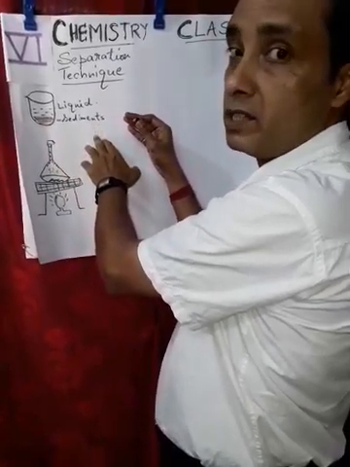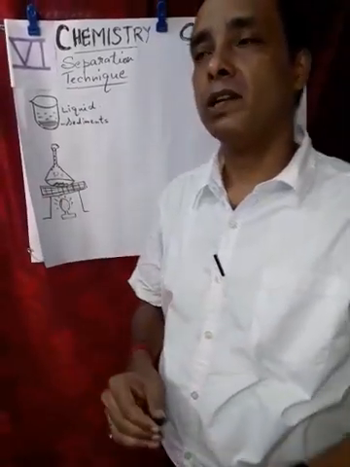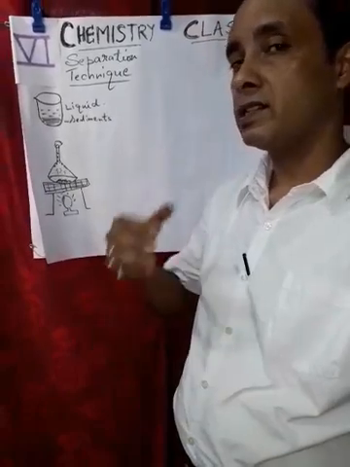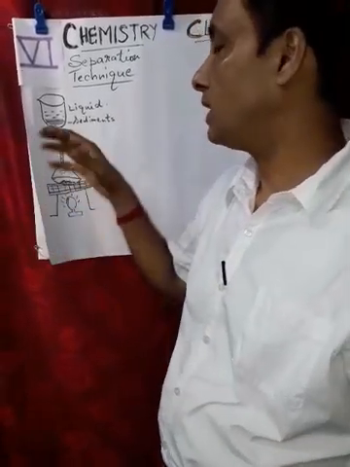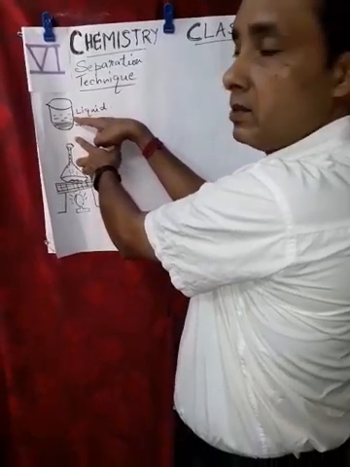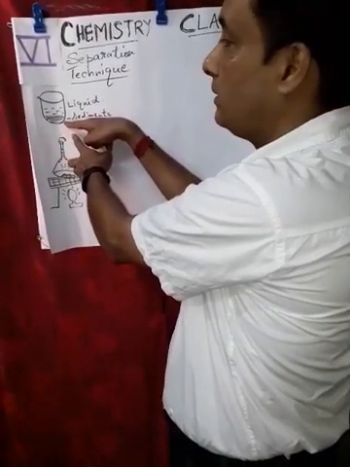That is called sedimentation. Now next to sedimentation, another point is decantation. Decantation is a technique by which you can separate the liquid from the sediments without disturbing the sediments.